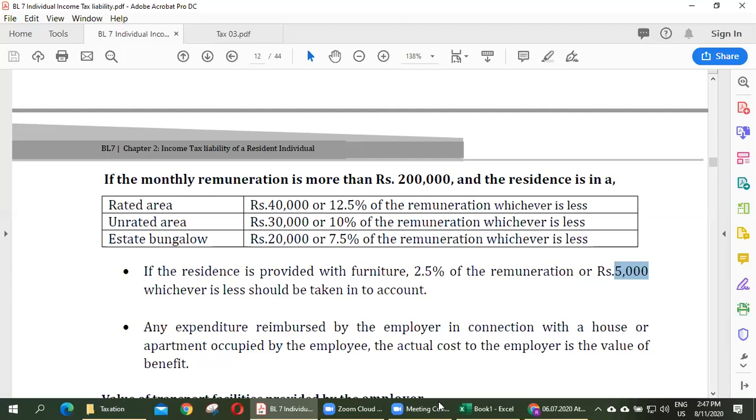So 10 into 2,000 per day, how much? 20,000. To motivate that employee not to take all leaves, the company pays the leave encashment. The leave is converted into cash.